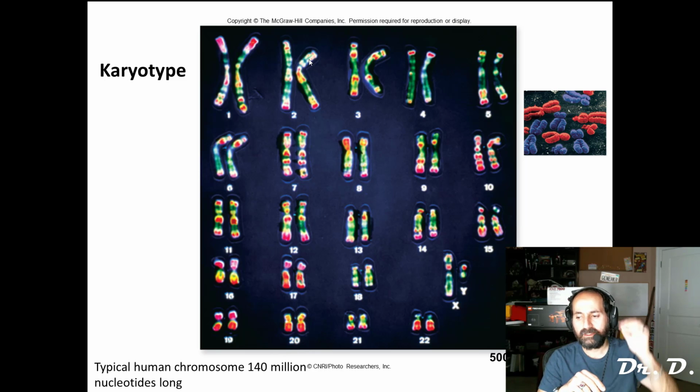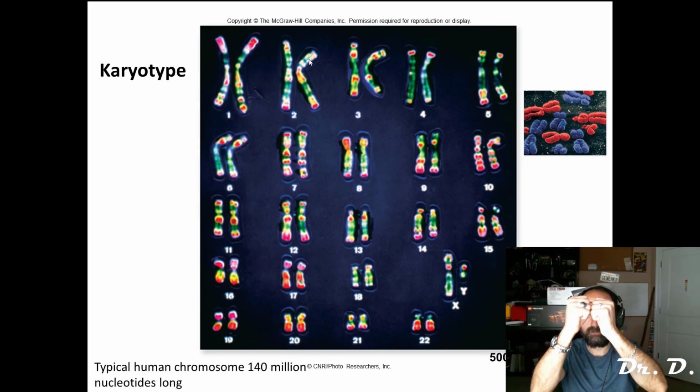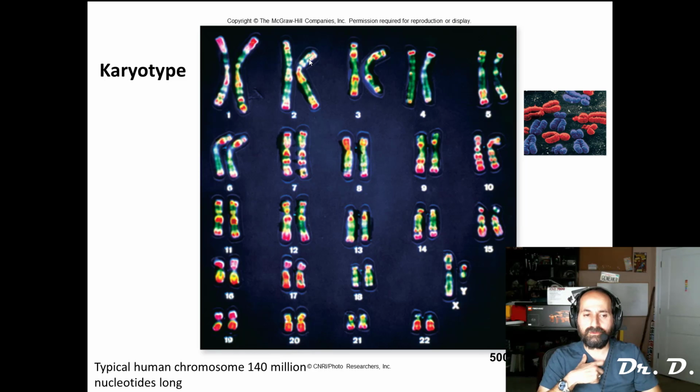The sperm has 23 chromosomes. The egg has 23 chromosomes. When the sperm from your dad meets the egg from your mom, that's how you get 2 sets of chromosomes. 2 chromosome 1s, 2 chromosome 2s, 2 chromosome 3s. Okay.